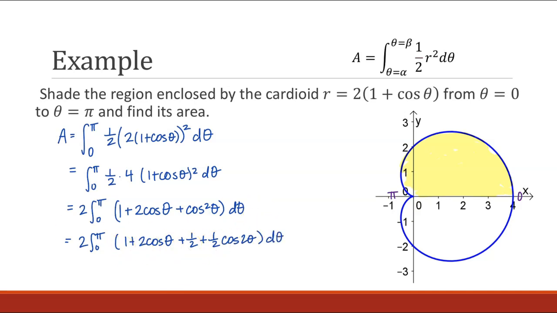Combining 1 and 1/2 as 3/2, we get 2 times the integral from 0 to pi of 3/2 plus 2 cosine theta plus 1/2 cosine of 2 theta d theta.